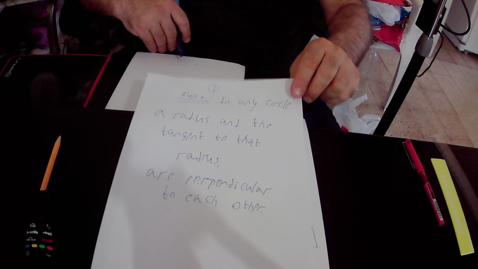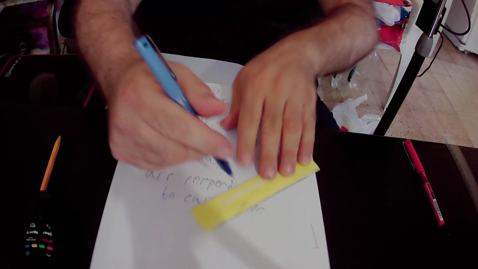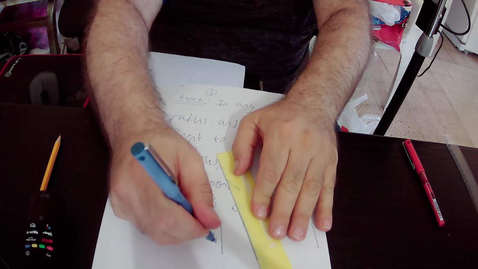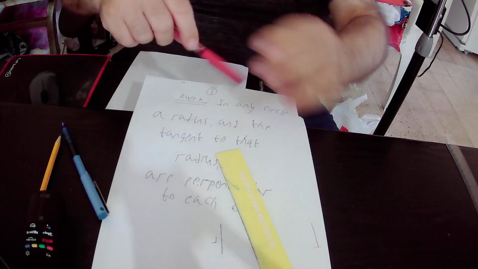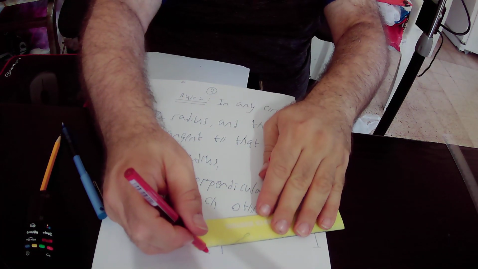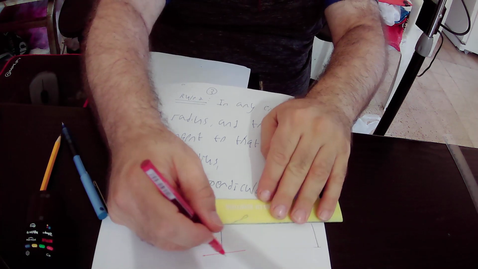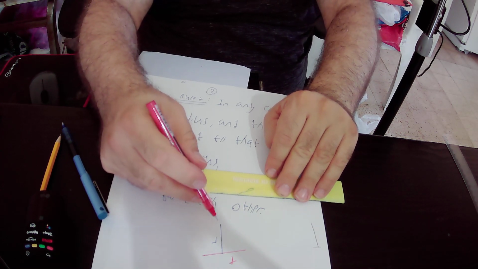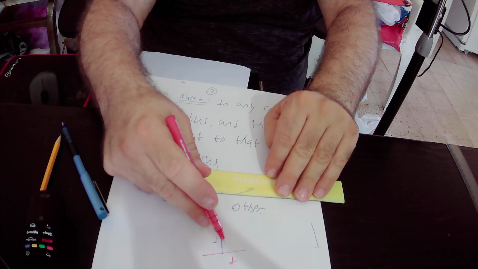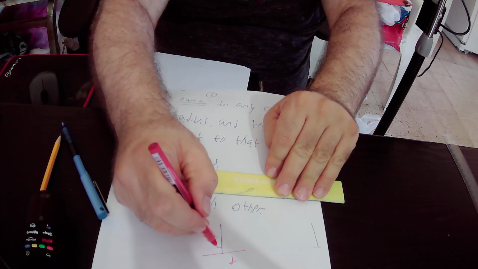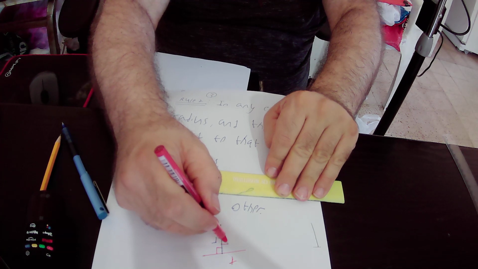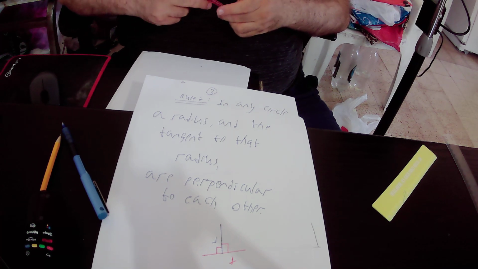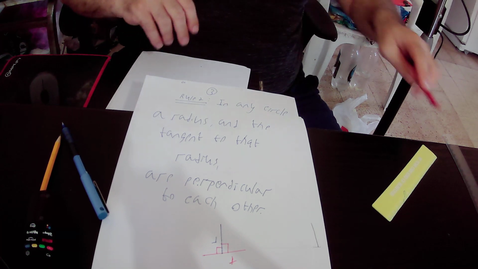So actually, if we have a radius, let's call it R, and we have a tangent to that radius, let's call it T, then the radius is perpendicular to the tangent, that is to say this angle is 90 degrees and also this angle is 90 degrees. So in any circle a radius and the tangent to that radius are perpendicular to each other.